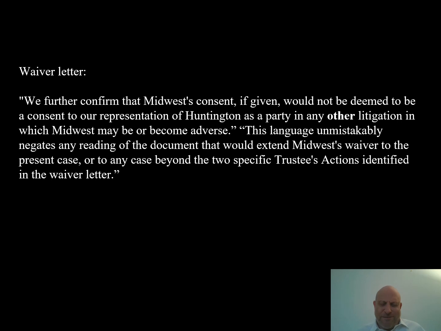And it was not a very strong argument. The judge basically shot it down and said that's ridiculous. If they meant that, then they should have said that and been very specific about it: that any other litigation involving, in this case, Cyberco, is not covered or is covered by the waiver agreement.